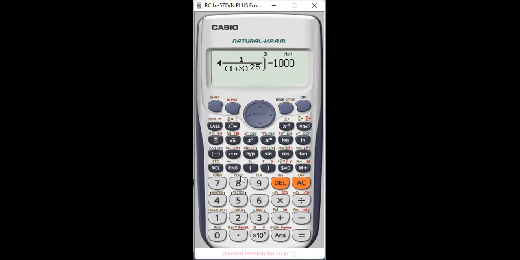Now we have to set the equation equivalent to 0. For this we press alpha, then push the button calculate. Then the whole equation is set equivalent to 0.